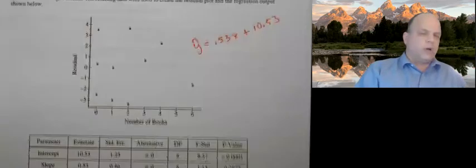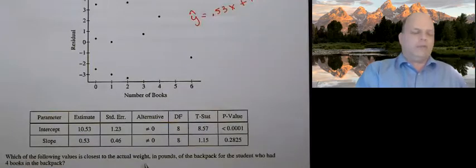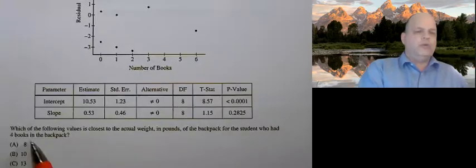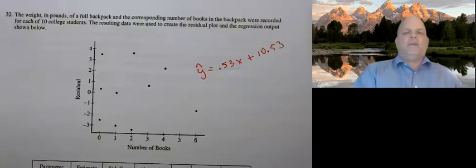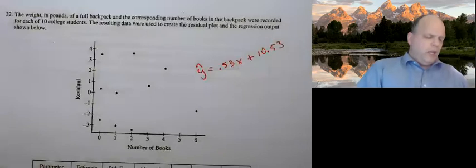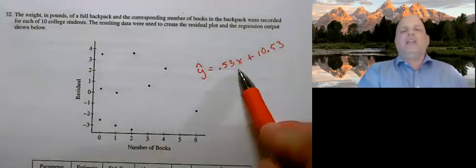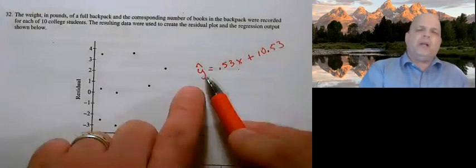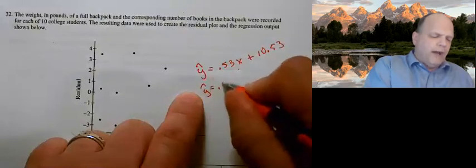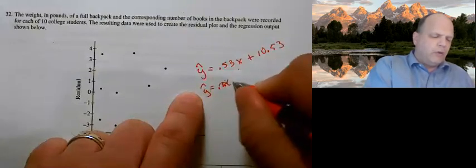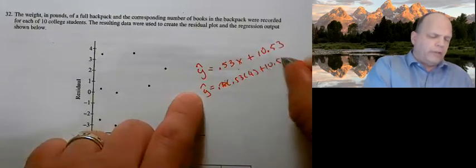This will absolutely work. Then it says, which of the following is closest to the actual weight in pounds of the backpack for students who had 4 books in the backpack? They want to know the actual weight for 4. Well, this will give me the expected. So I'm going to plug in: y hat equals 0.53 times the 4 books plus 10.53.